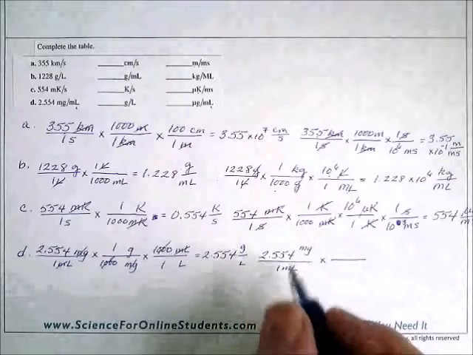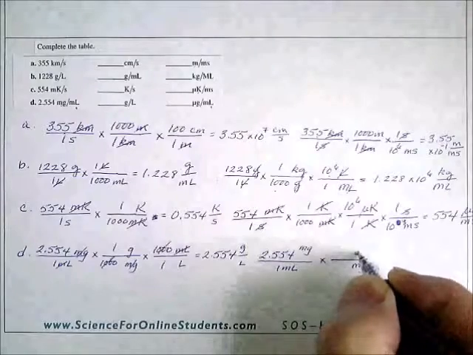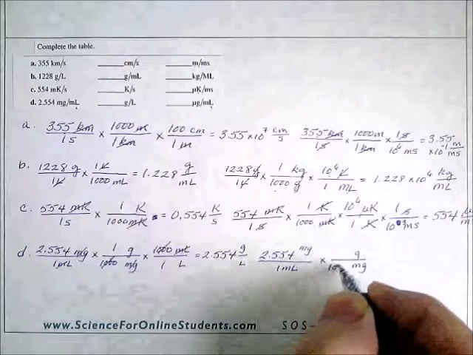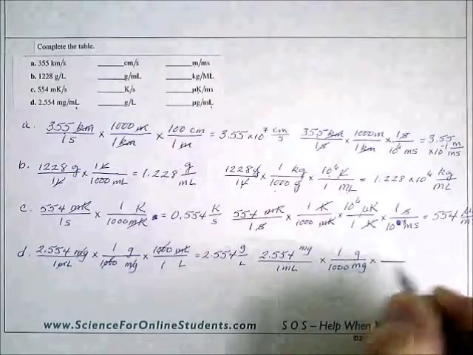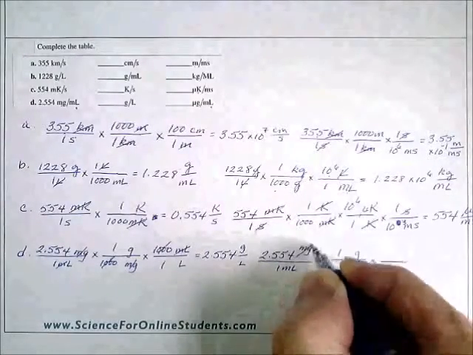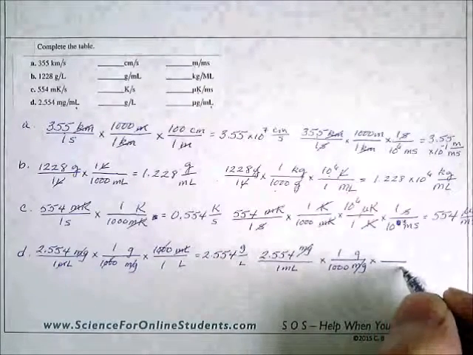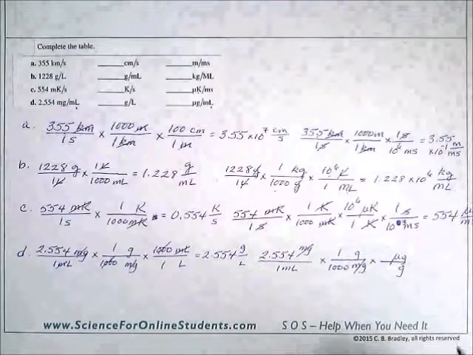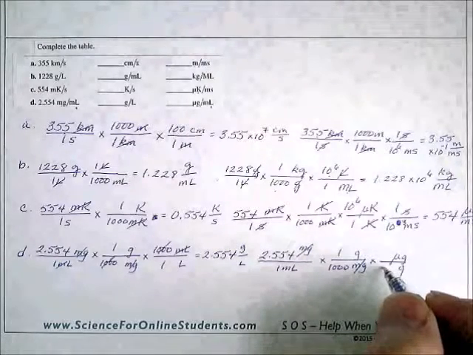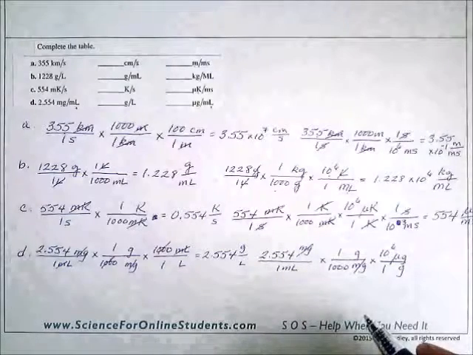Milliliters don't change. Milligrams going to grams. 1,000 milligrams is 1 gram. Milligrams cancel. And then we'll say grams going to micrograms. 1 gram is 10 to the 6th micrograms.